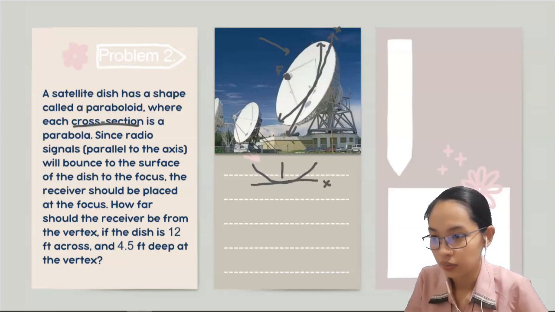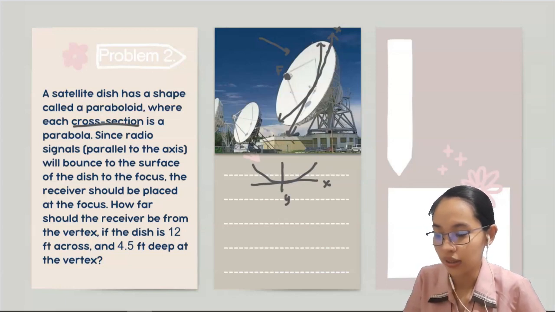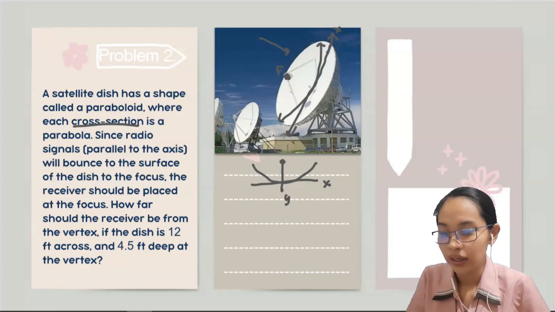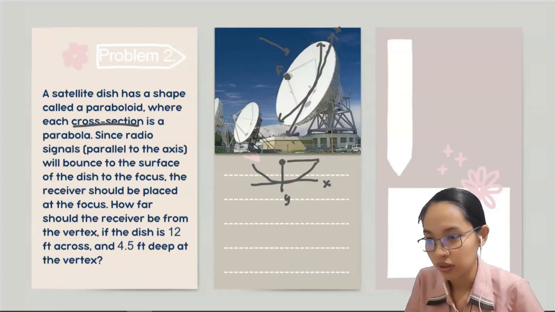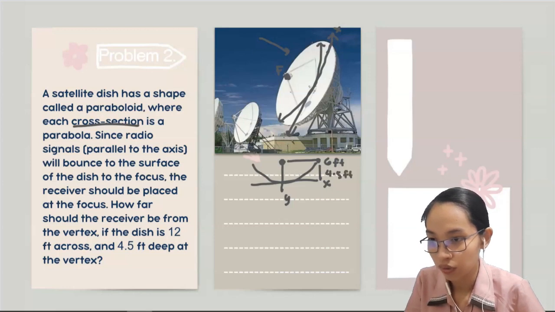So that is your x-axis and this is your y-axis. So, ang tinatanong, gaano daw dapat kalayo yung focus natin if the dish is 12 feet across? Ibig sabihin, on this part until this part, this is 6 feet. Hahatiin natin yan. And 4.5 deep. So, for example, this is 4.5 feet deep.